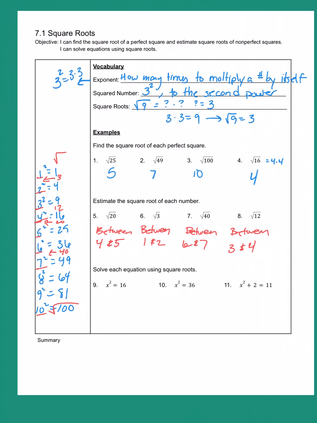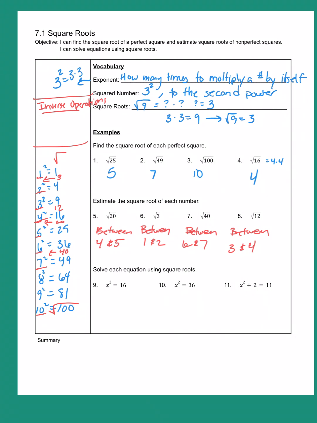Alright, now we're going to solve some equations using our square roots. So we use inverse operations to solve equations. Let's see, you can write that up over here. Inverse operations.